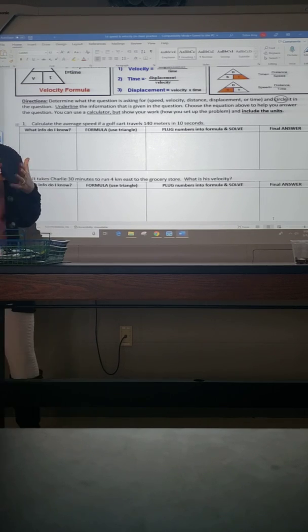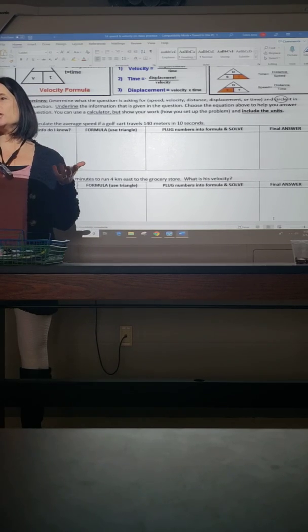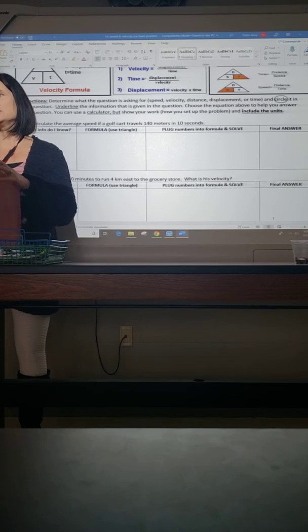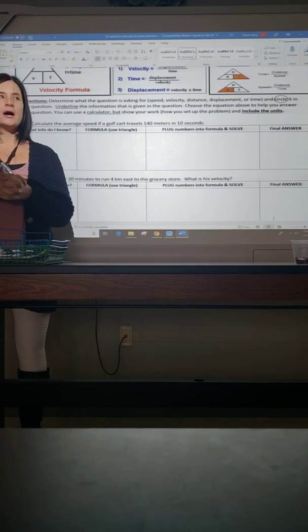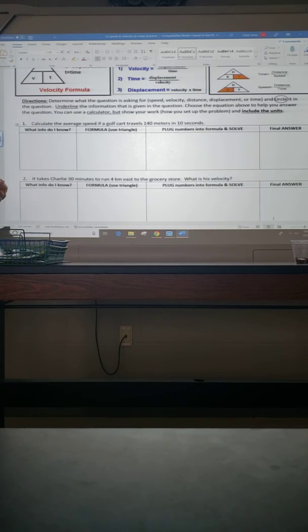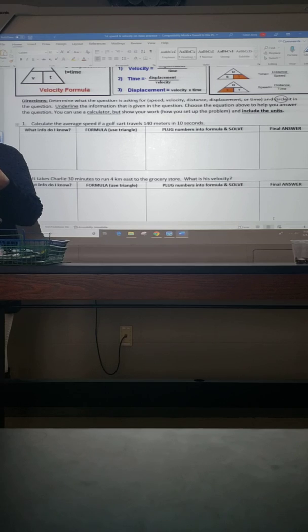If we're solving for speed or velocity, those equations are our standard equations, so there's no rearranging. If we have to solve for distance, displacement, or time, then we would have to rearrange it. Always making sure we're including our units, and if it is displacement or velocity, then we have to include direction. Okay?